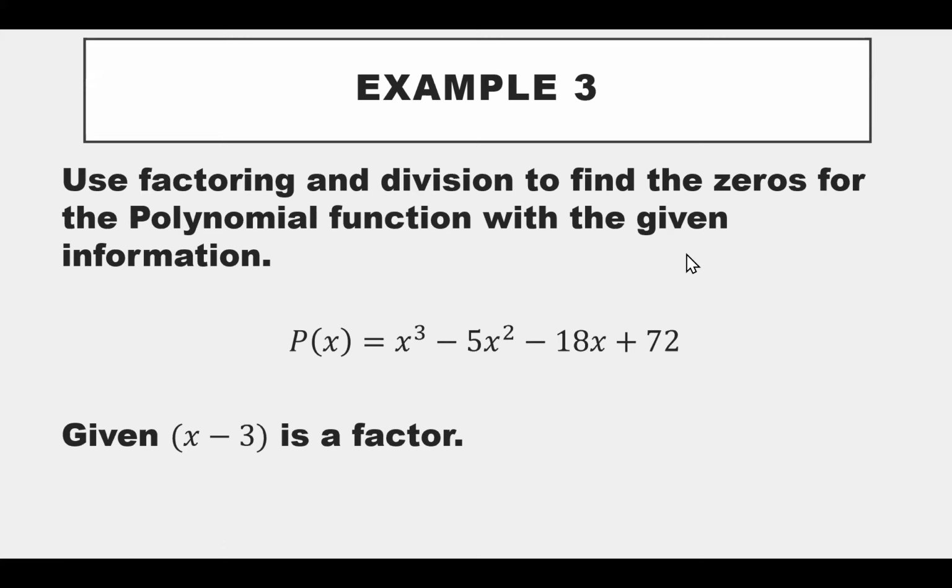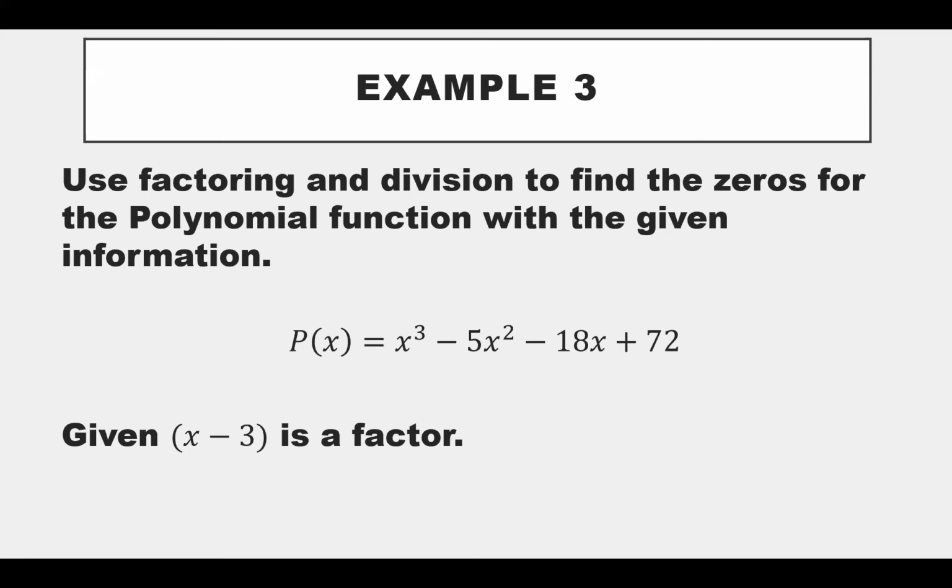So now we're ready to start finding the zeros of polynomial functions with some given information. Let's take the polynomial function p of x. And let's say we know that x minus 3 is a factor of p of x.